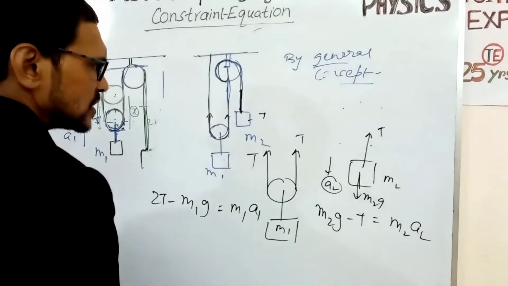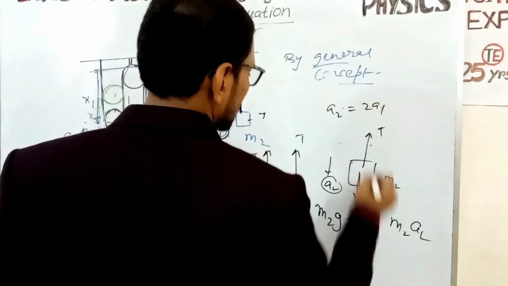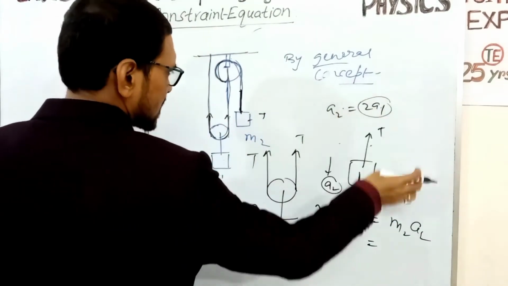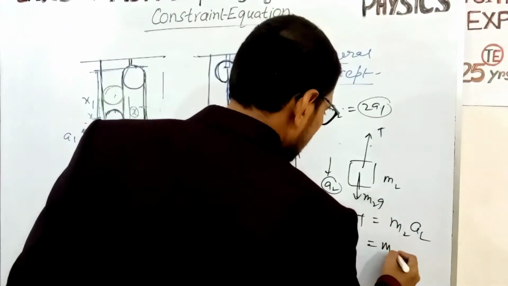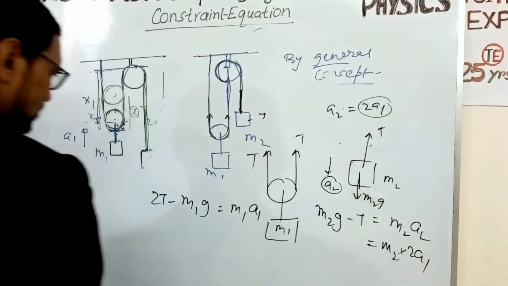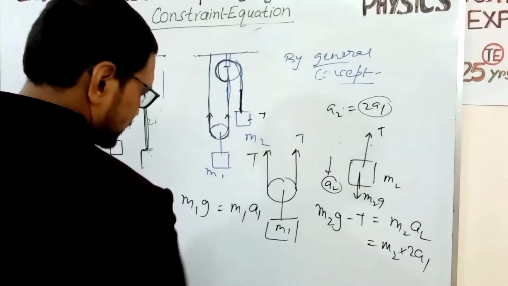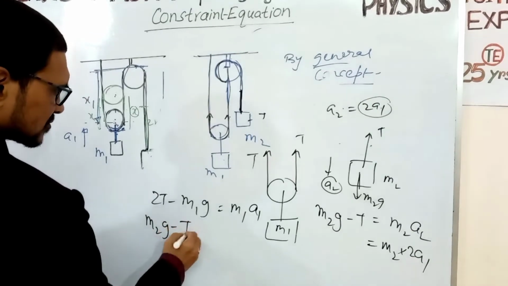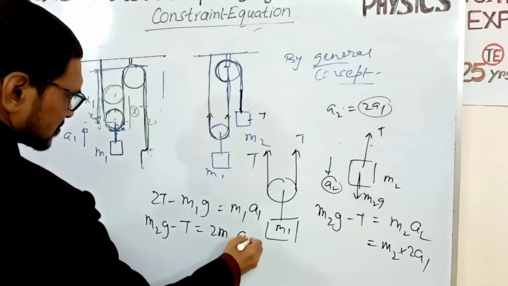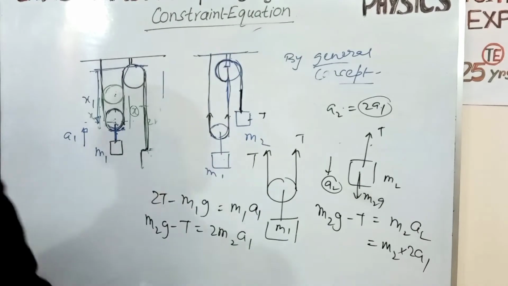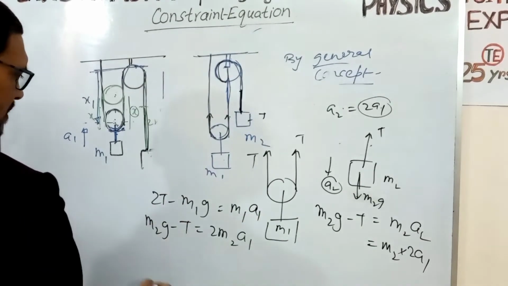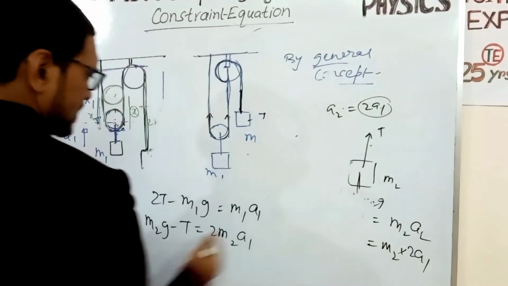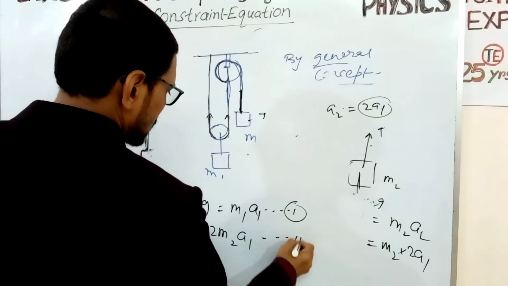Now what is A2? A2 is 2A1. When we put the acceleration with just the magnitude, we take the magnitude of the acceleration. Now M2 into 2A1. Now we easily get tension and acceleration. So first, to get A1 we cancel T: this is 1 and this is 2.